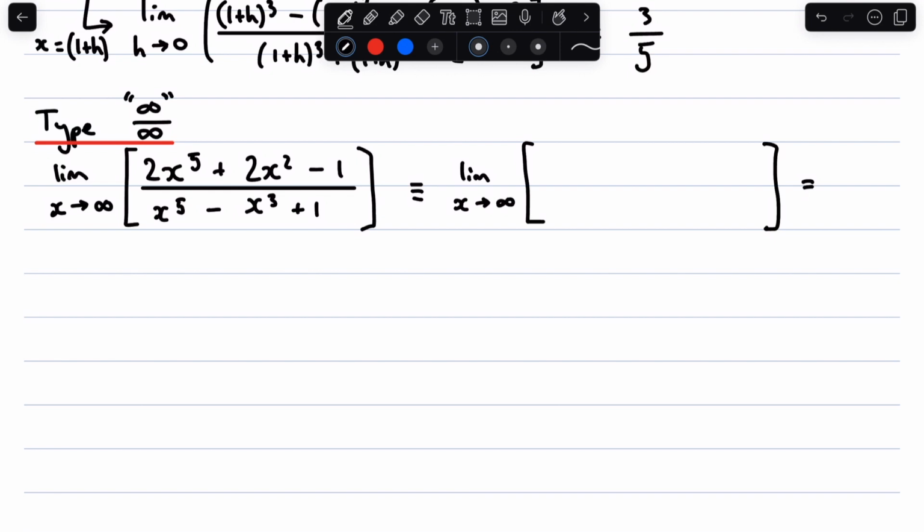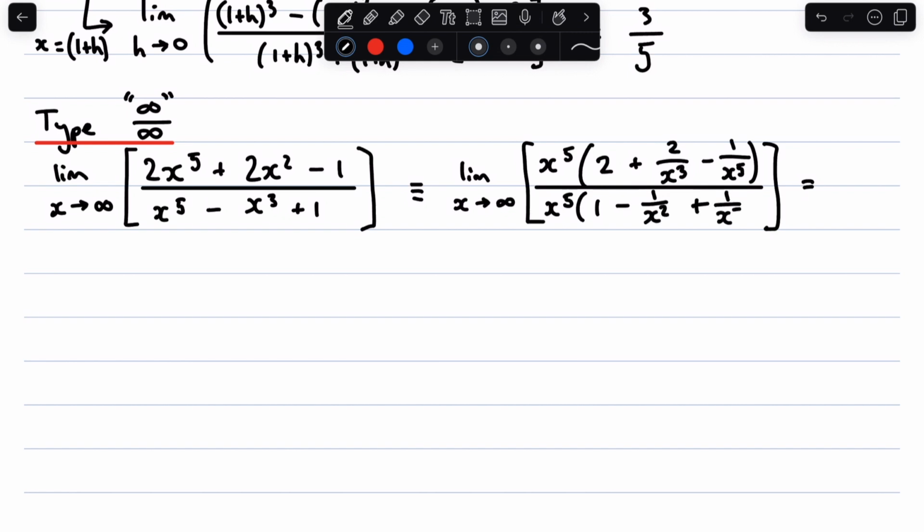So the way we can work it out is by factoring the dominant powers on the numerator and the denominator. So in this case they're the same. We can do x to the 5 on top, x to the 5 on the bottom, and we'd have 2 plus 2 over x cubed minus 1 over x to the 5, all divided by 1 minus 1 over x squared plus 1 over x to the 5.